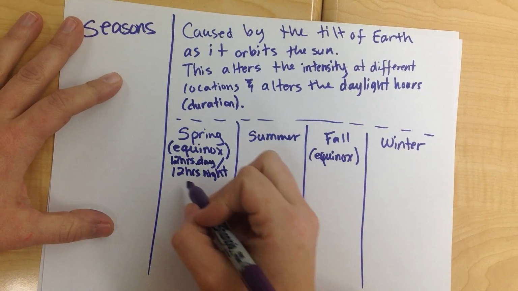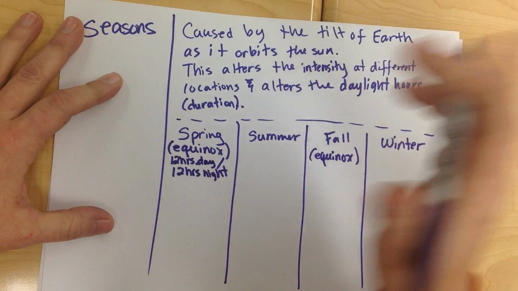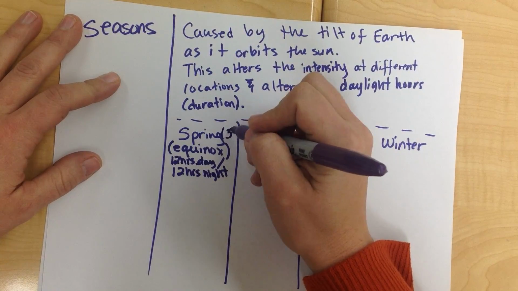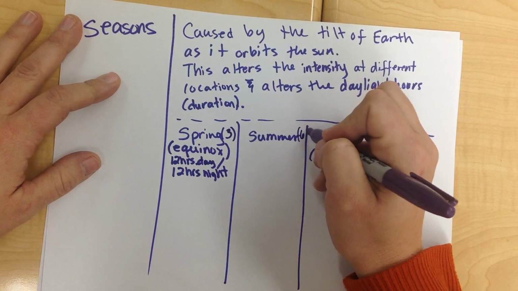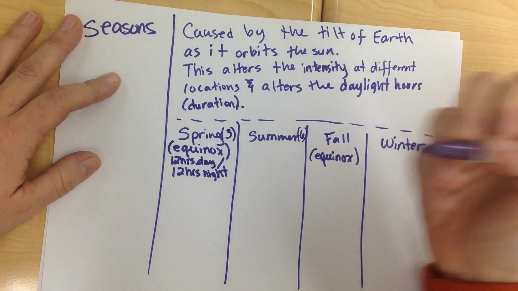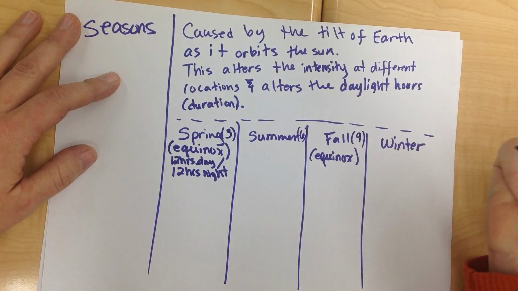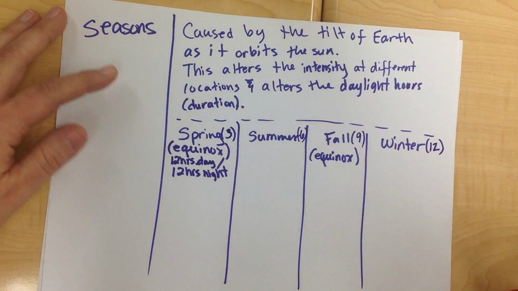All right, so spring, summer, fall and winter happen every 3 months. Spring occurs on the 3rd week of the 3rd month, so that's going to happen in March. Summer is going to be the 3rd week in June. Fall will be the 3rd week in September, and winter will be the 3rd week in December.